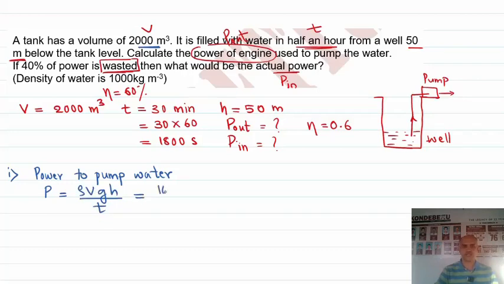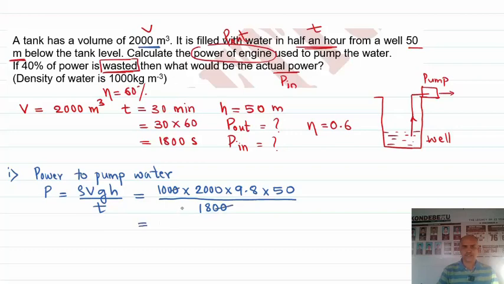Density of water is 1000, volume is 2000, g 9.8, height is 50 meters, time taken is 1800 seconds. Now simplify. Two zeros get cancelled, so 20 will go.